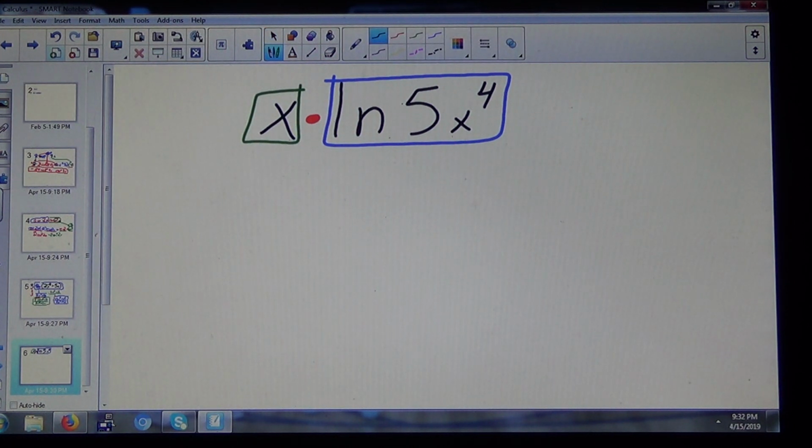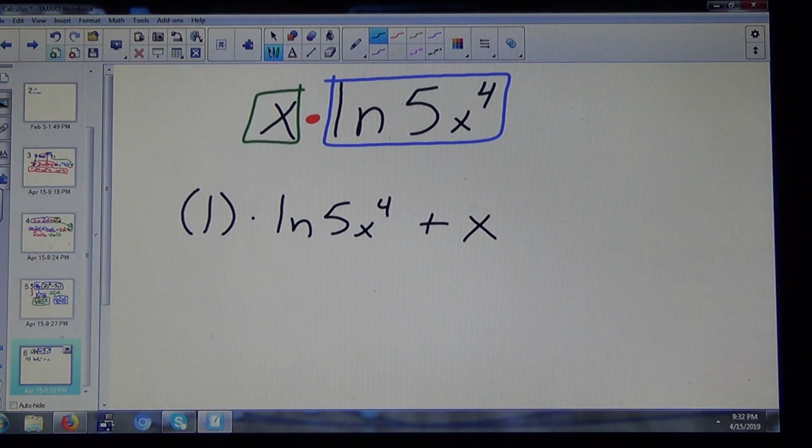And product rule here says we're going to do the derivative of the first times the second plus the first times the derivative of the second.